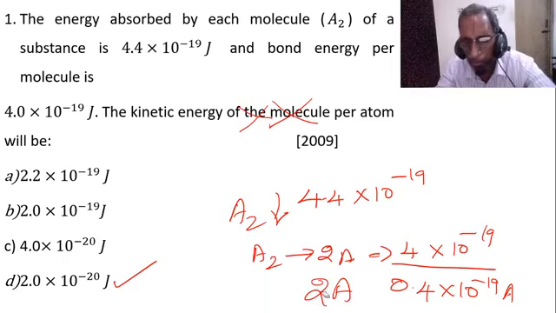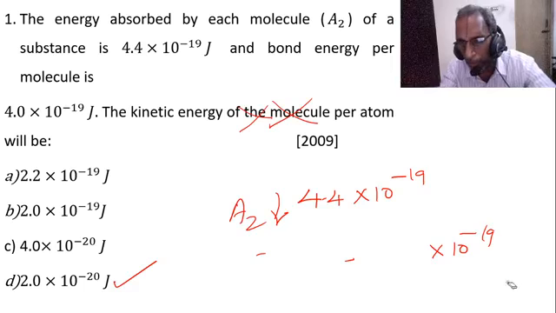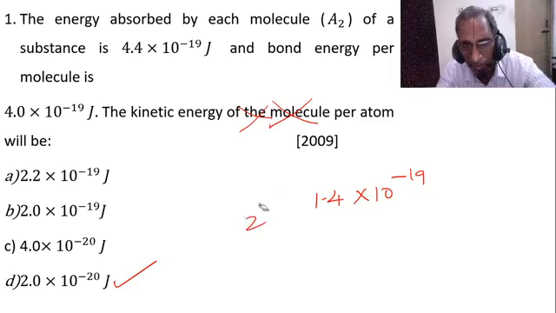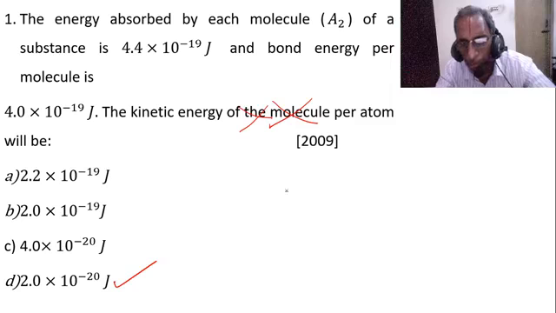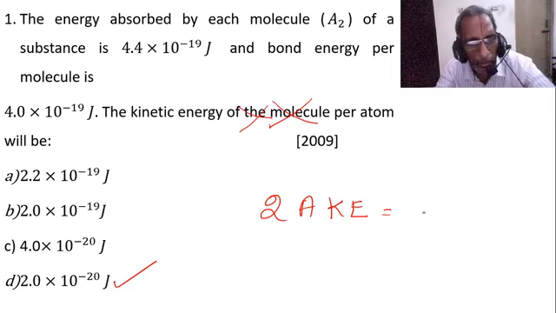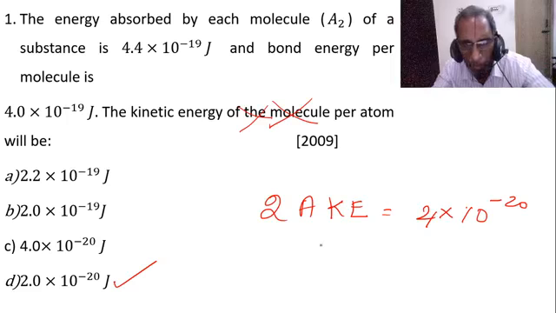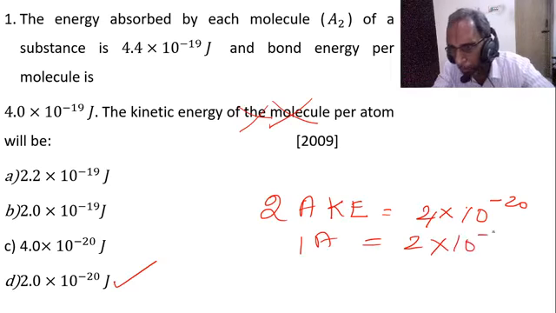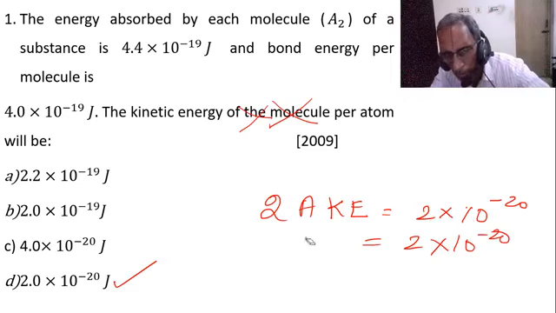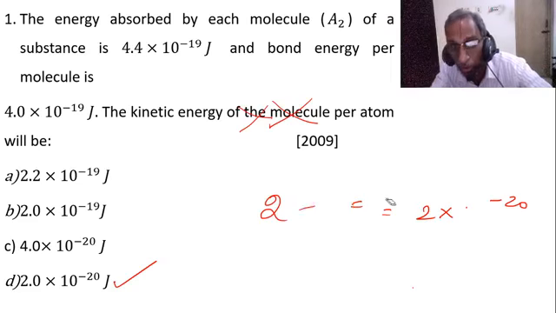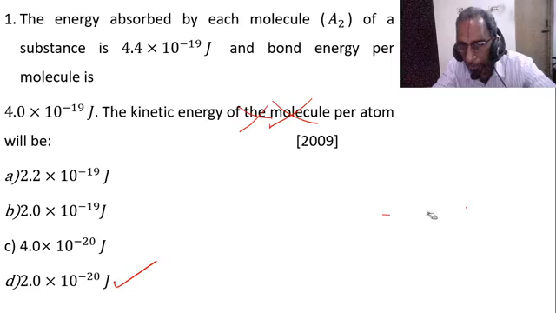This 0.4 into 10 power minus 19 can be written as 4 into 10 power minus 20 by scientific notation. So the kinetic energy of 2 atoms is 4 into 10 power minus 20. Then the kinetic energy of 1 atom is half, 2 into 10 power minus 20. Any doubts? Mr. Kannapan Rajendran, any doubts? Is it clear now?